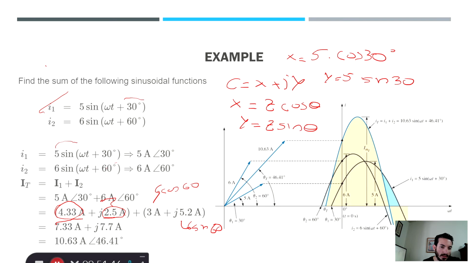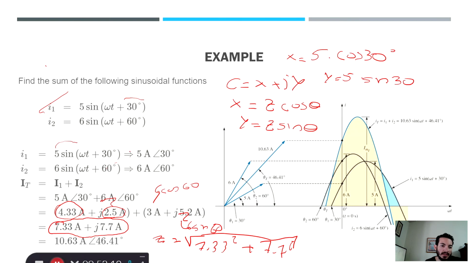Okay, so this is the summation of both waves, and then you can take this back to your polar form, where z equals square root of 7.33 squared plus 7.7 squared, which will give you 10.63, and then the angle is tangent inverse of y over x.